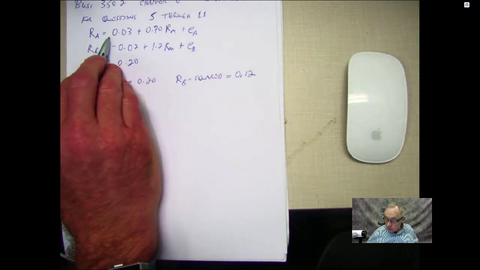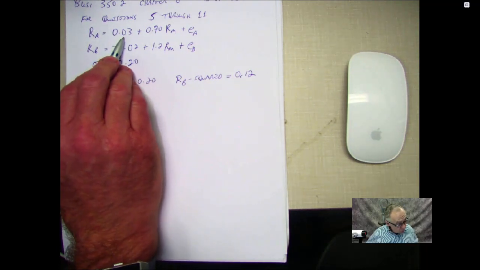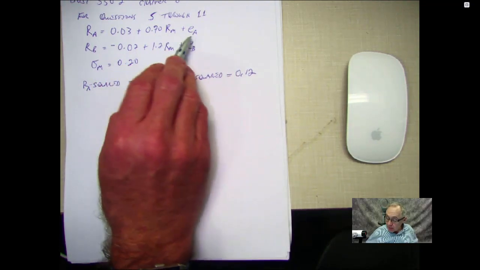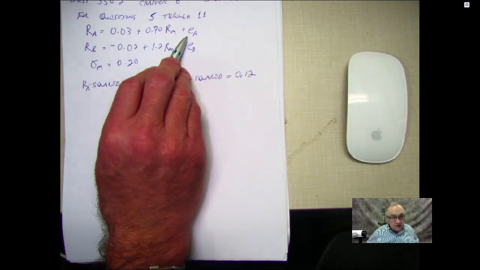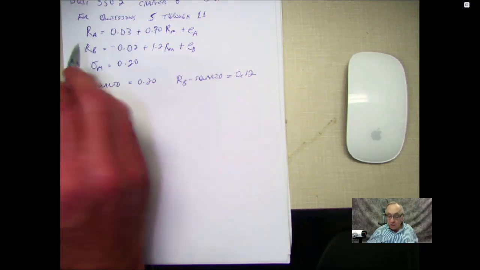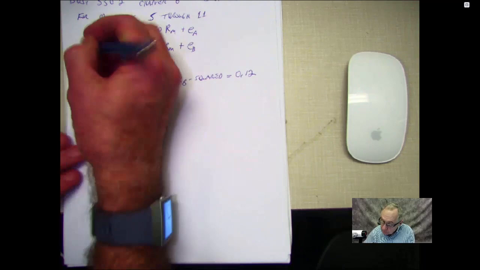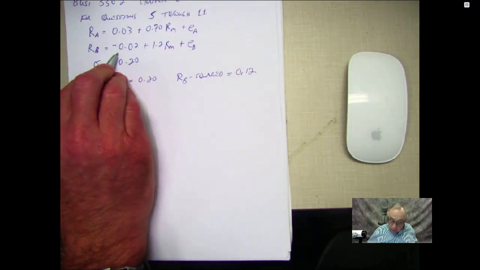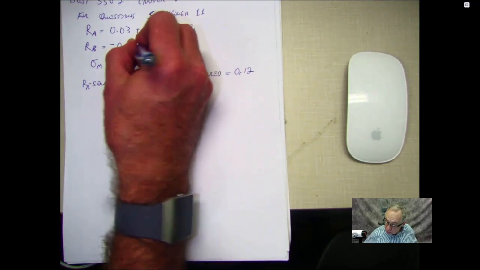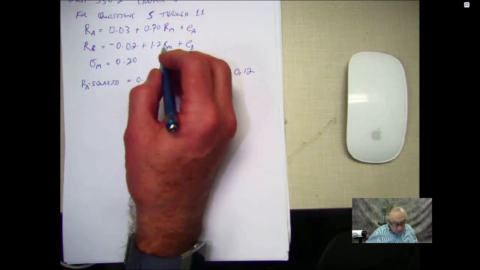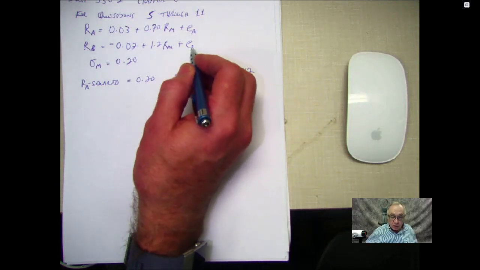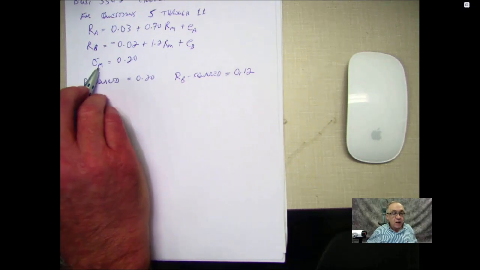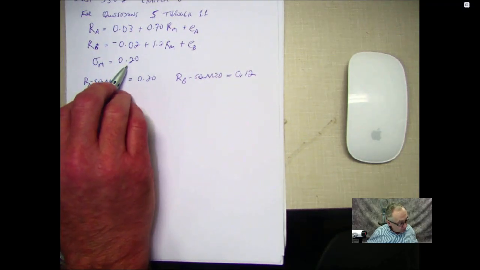The excess return for stock A is 0.03 plus 0.7 times excess return to the market, so our beta, and the non-systematic risk of stock A. For stock B, our formula is minus 0.02 plus 1.2 times excess return to the market plus non-systematic error for stock B. The market standard deviation is given at 0.2.